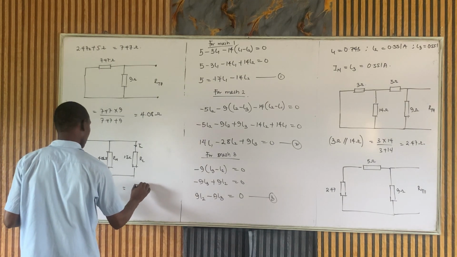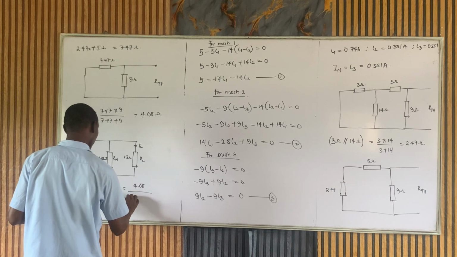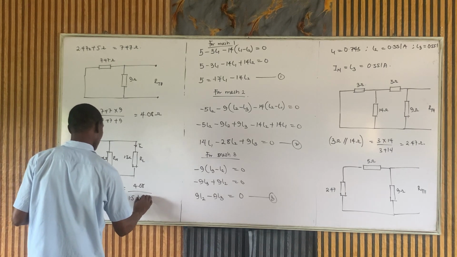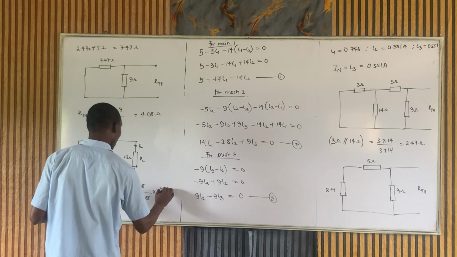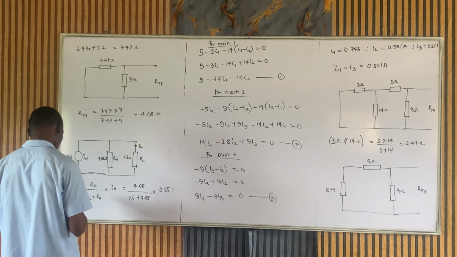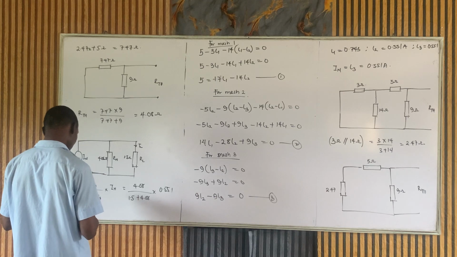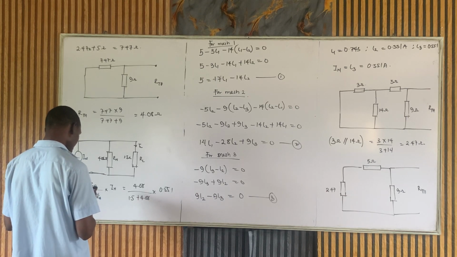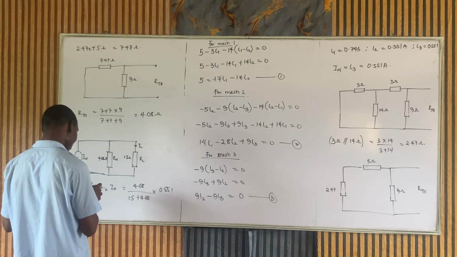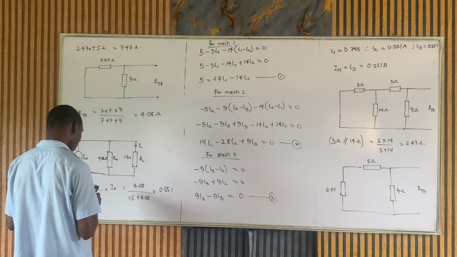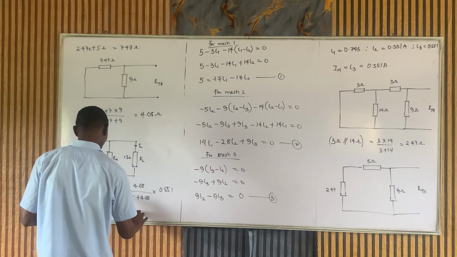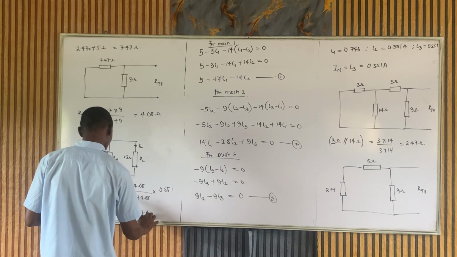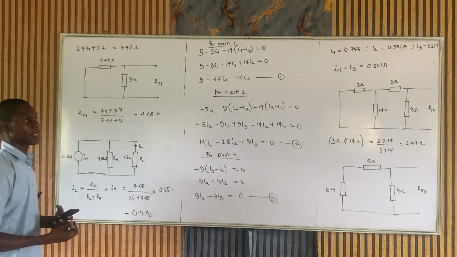Rn 4.08 over 1.5 plus 4.08 times the 0.551. That will give us 4.08 times 0.551 divided by 1.5 plus 4.08. That's 0.4 ampere. So that's that.